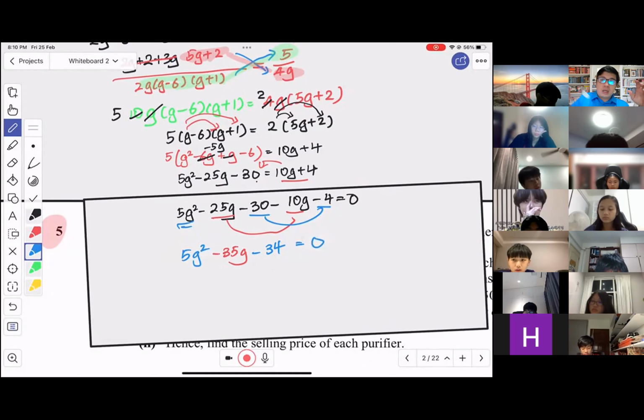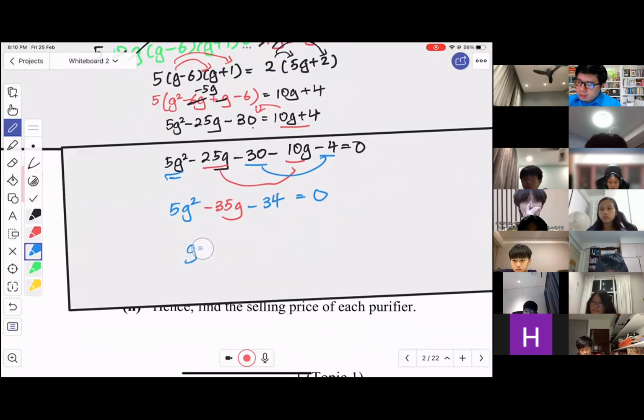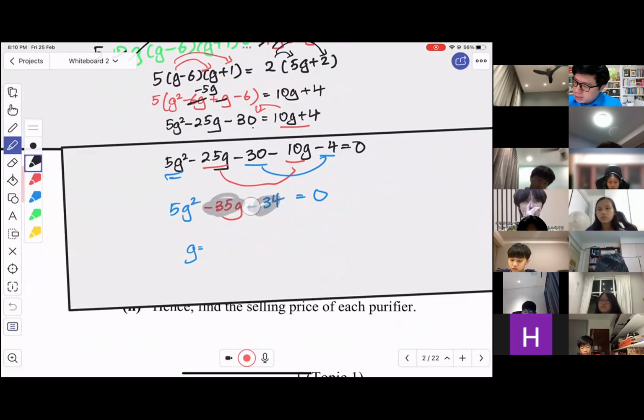Okay, then from here, what do I do next? Very simple. It may not be factorizable, so I just use the quadratic formula. I recognize that this is my b, this is my c, this is my a.